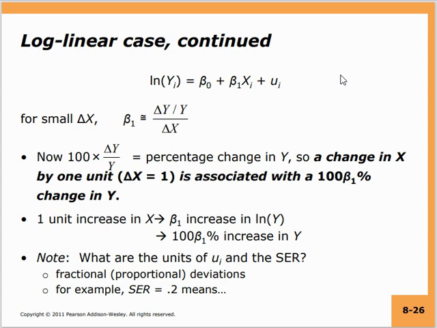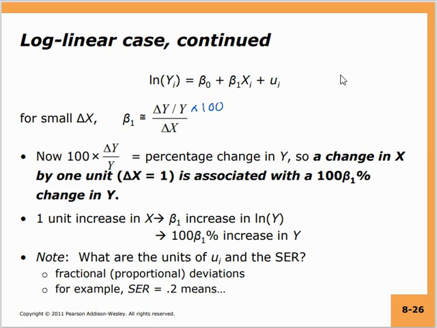Now suppose you look at the percentage change in y, then you have to multiply the numerator by 100, so 100 times beta 1. So a change in x by 1 unit, delta x equals 1, is associated with a 100 times beta 1 percentage change in y.